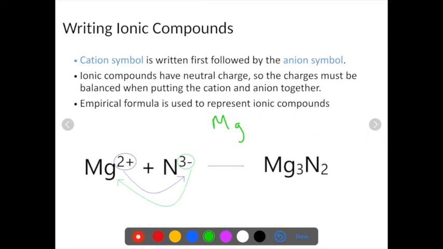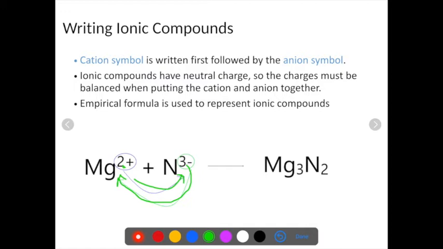To figure that out, we take the charge number and make it a subscript on the other element. The 2 is coming over to be a subscript on nitrogen. The 3 is coming over to be a subscript on magnesium. So I get Mg3N2.